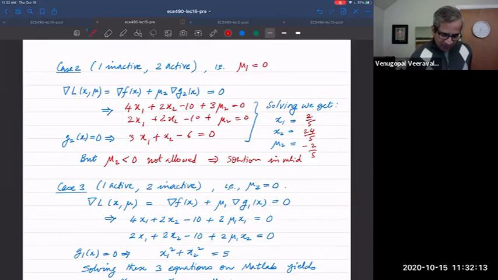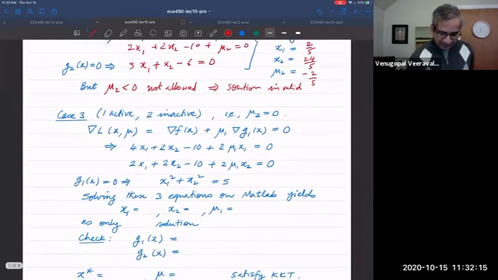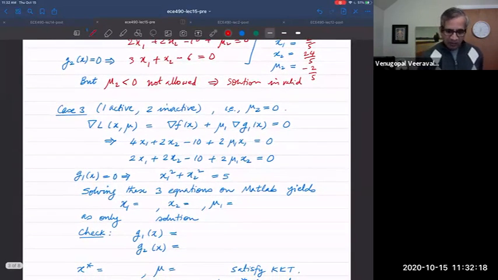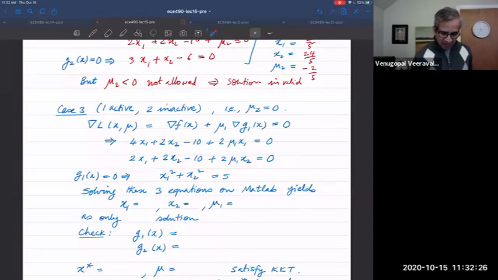We'll make the first one active and the second one inactive. So now mu2 is 0 for sure, and mu1 we need to put in the equations to solve. Again, the gradient equations can be written easily.